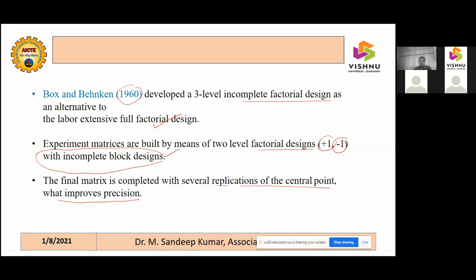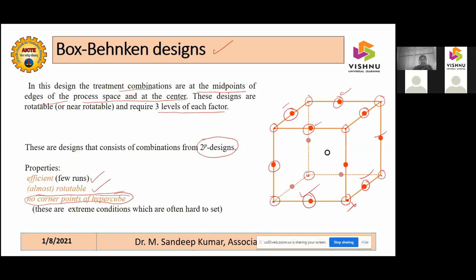What improves precision? Please concentrate on the sentence: the final matrix is completed. That is the run order, the chart we get, with which we do the experimentation. So when we come with this final matrix, it is saying several replications of center points. Yes, as we were saying at first, we are concentrating on the center points or the midpoints.